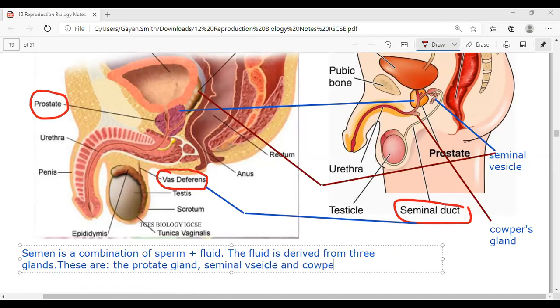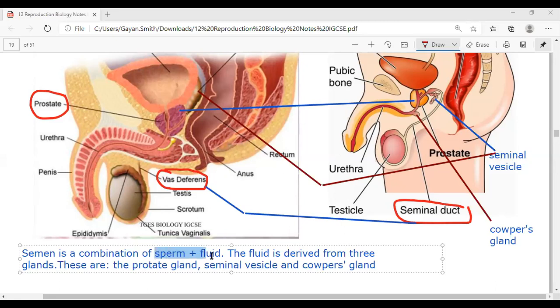So the 3 glands that help to produce the fluid that makes up the semen are the prostate gland, the seminal vesicle, and the Cowper's gland.